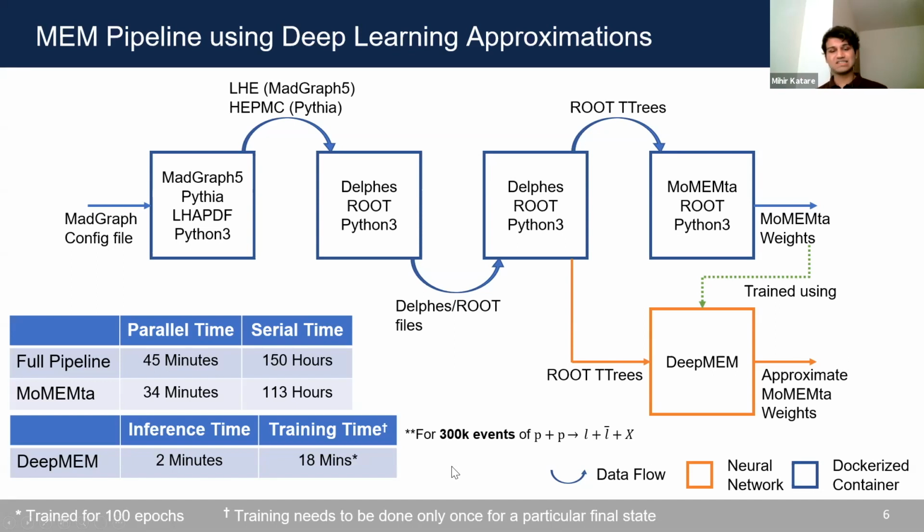Now, for the exact same process that we talked about earlier and 300,000 events, the inference time for this module will be around 2 minutes, which is a decrease over the 34 minutes of parallel time and 113 hours of serial time that we saw before. Of course, it is important to mention that there is a certain amount of training time involved, but it only really needs to be done once for a particular final state, and that takes around 18 minutes.